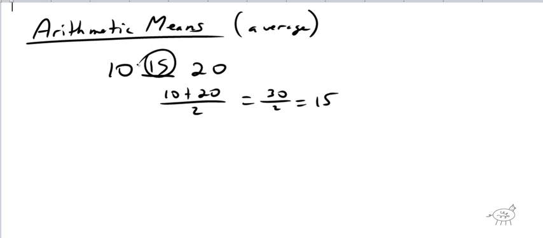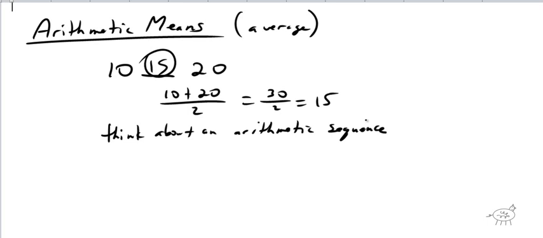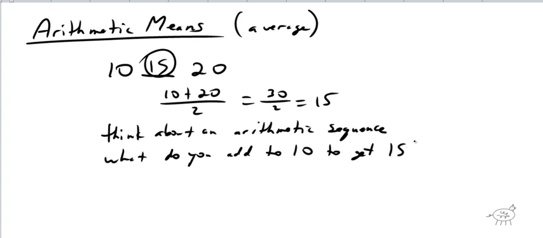All right? So what I want you guys to do is think about an arithmetic sequence. The reason I want to ask you that is because what do you add to 10 to get 15?